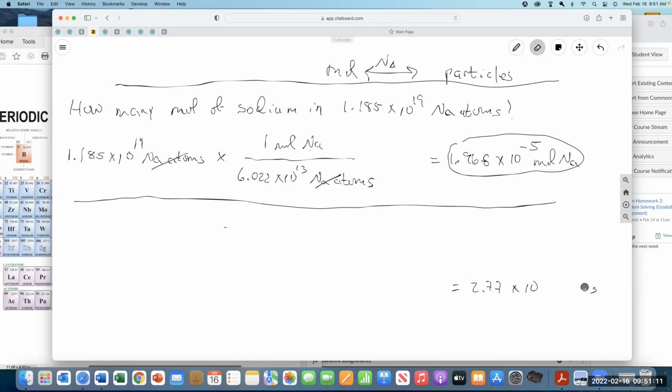Now let's do a couple with mass. Let's do what is the mass? Let's do mass. Doesn't really matter though. All right, so this says what's the mass of 0.751 moles of lead.